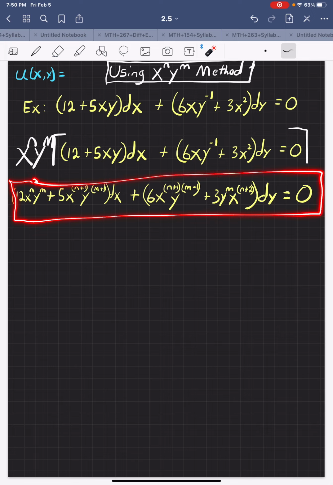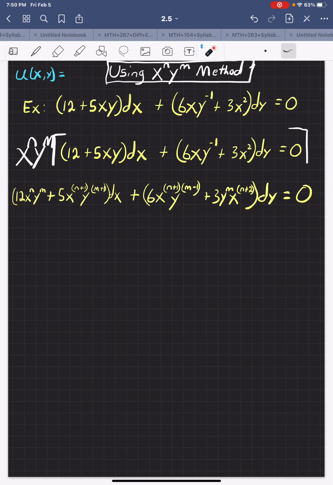All right, so how is this going to work? Well, we are now going to take the partial with respect to x and the partial with respect to y, but we're doing it for a different reason. We're not checking to see if they're equal to each other.